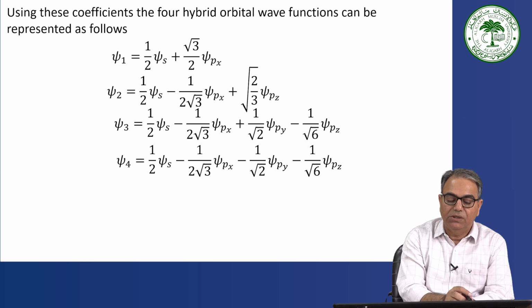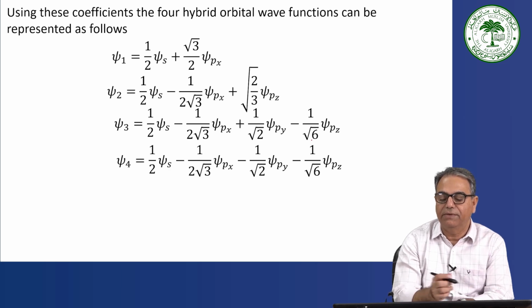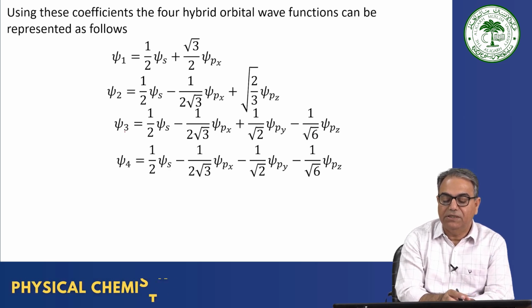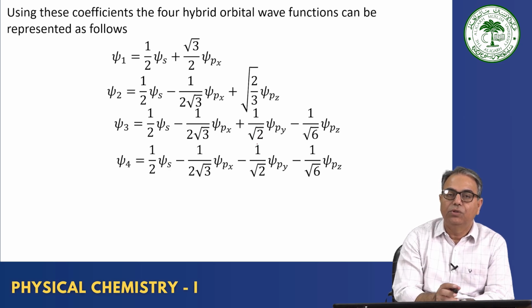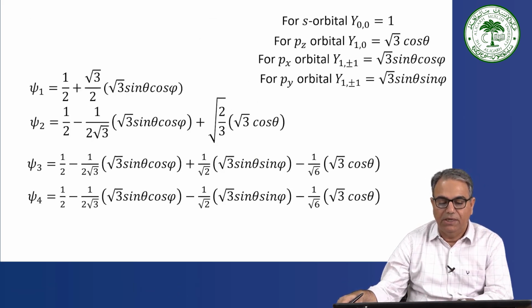If I ask what is the contribution of psi pz in psi 3, it will be 1 by 6, because the coefficient is minus 1 by root 6, so if you square it, it is 1 by 6. If I ask what is the contribution of py in psi 3, that is 1 by root 2, so it will be 1 by 2. Okay. So this way you see that the hybrid lobes have different contributions of atomic orbitals in this case. In the previous case, it was an equivalent contribution from everyone.